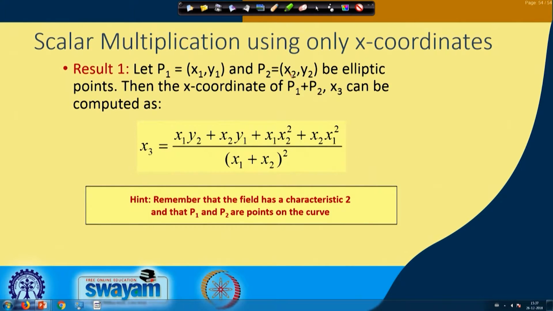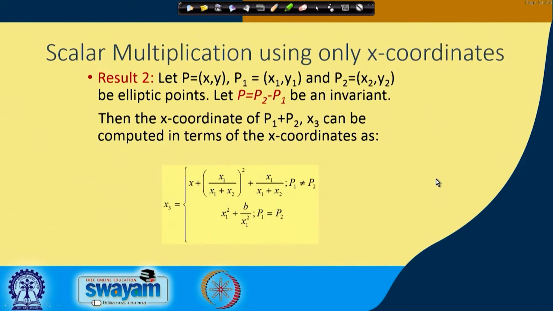Okay, so now once we have this equation, we can go to the next result, which tells you that, remember that x comma y is the point P, then you can also write the addition x3 only in terms of x1, x2 and x.